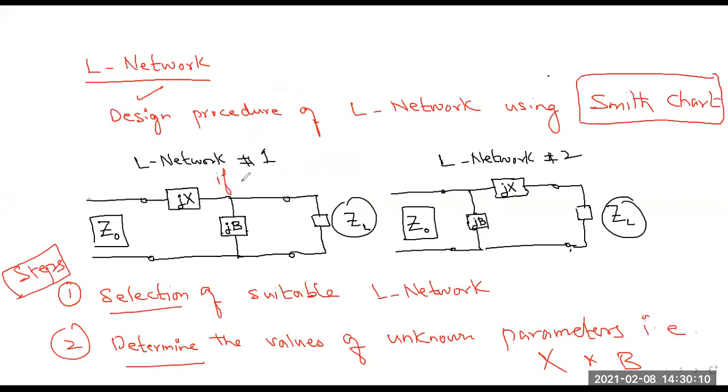Let me represent the normalized load by ZL dash. So if ZL dash is inside 1 plus jx, L network number 1, and L network number 2 if ZL dash is outside 1 plus jx.